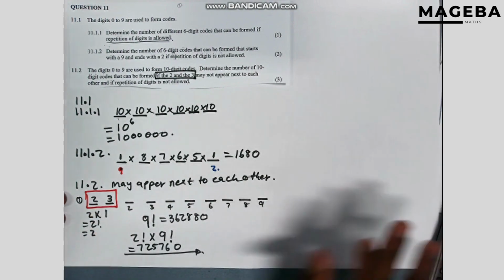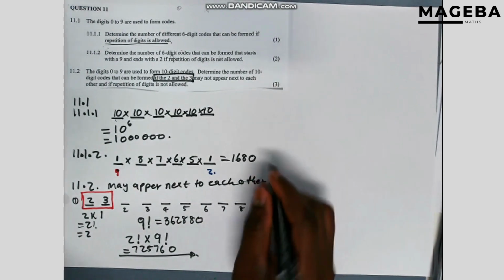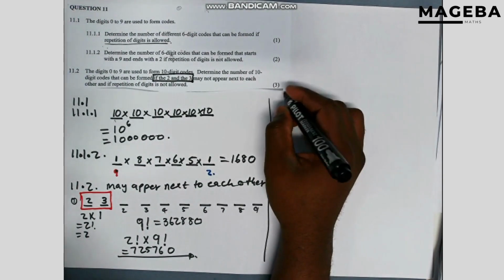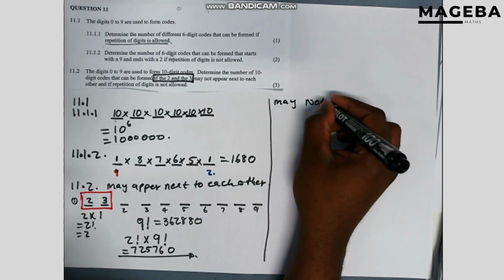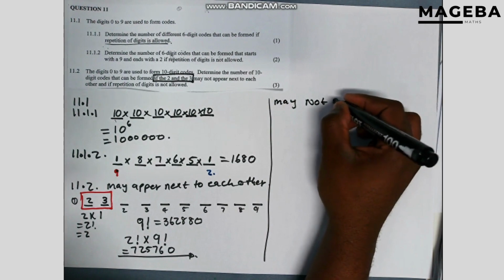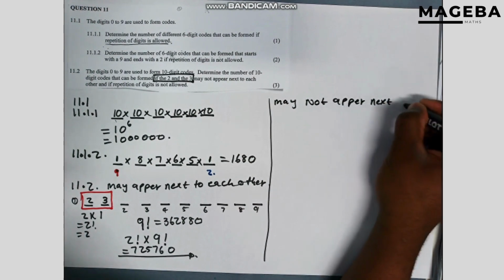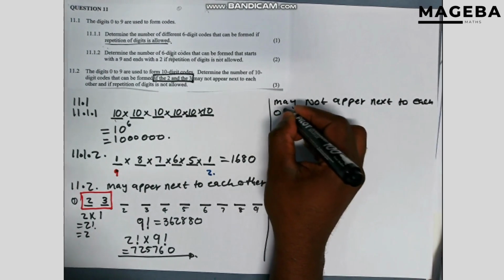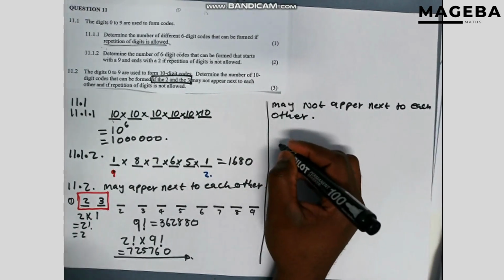So now, how do we answer the question we are asked, where they may not appear next to each other?